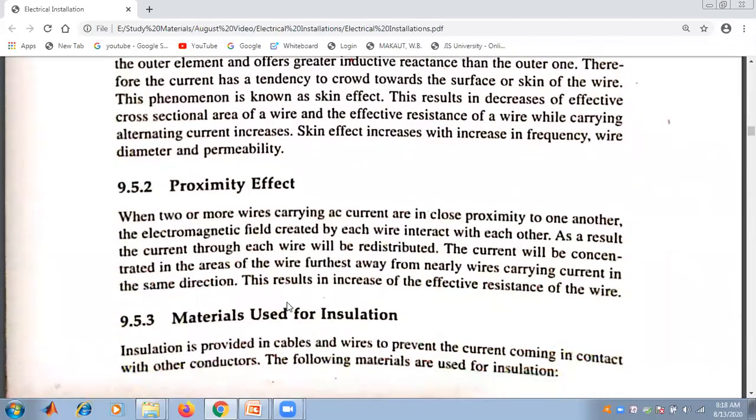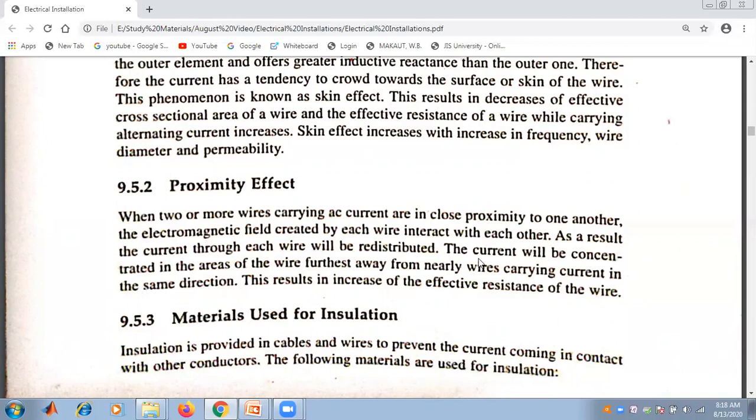Another effect is known as the proximity effect. When two or more wires carrying AC current are in close proximity to one another, the electromagnetic field created by each wire interacts with the others. As a result, the current through each wire is redistributed.